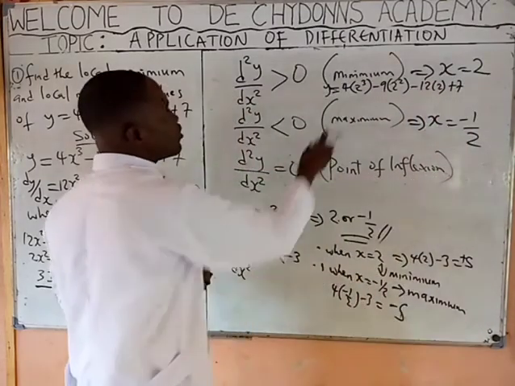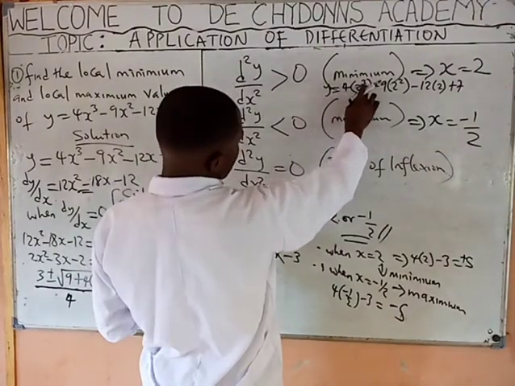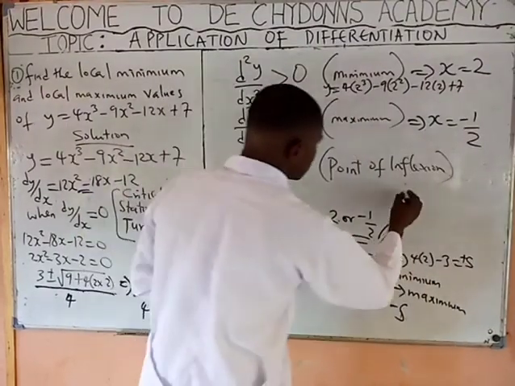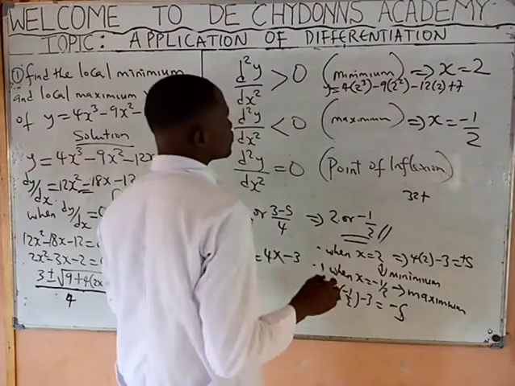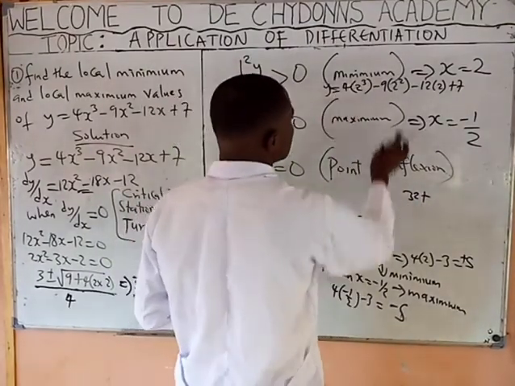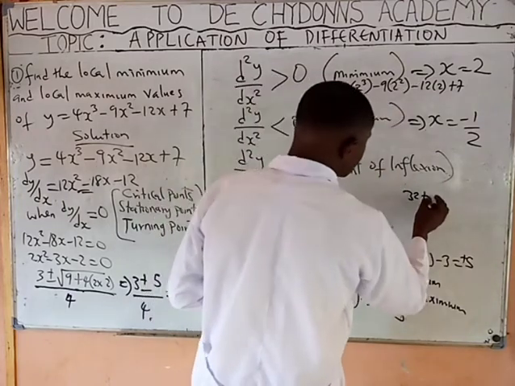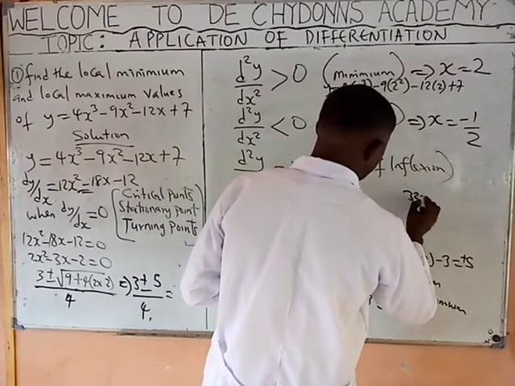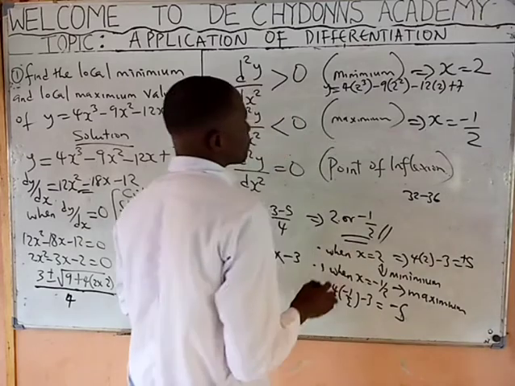So that will give you 2 raised to the power of 3, 8. 8 times 4, 32. 2 raised to the power of 2, 4. 4 times 9, minus 36.